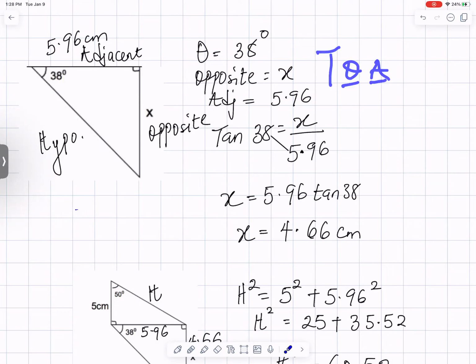So x is equal to 5.96 multiplied by tan 38. That means x is equal to 4.66 centimeters. So we've gotten the opposite side of triangle B as 4.66 centimeters.